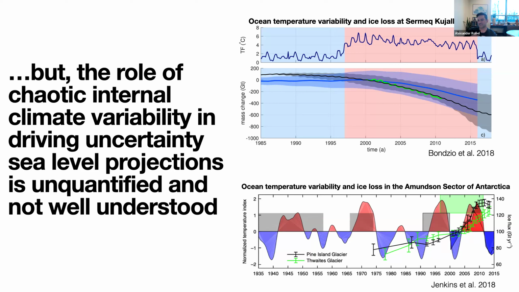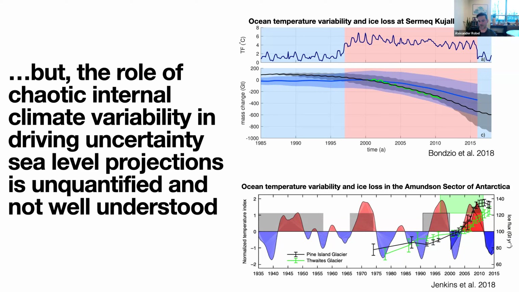The reality is that the ocean and the atmosphere, being chaotic systems, are constantly fluctuating in terms of their temperature or deposition of snowfall, these sorts of things. And so here are just two examples of ocean temperature at a glacier in Greenland, which has varied quite a lot over the last 20 years, partly due to internal variability of the ocean system.